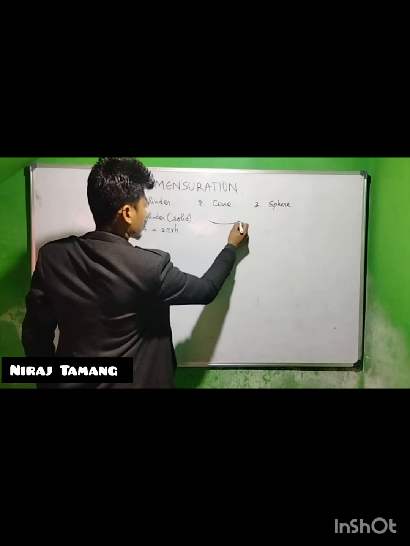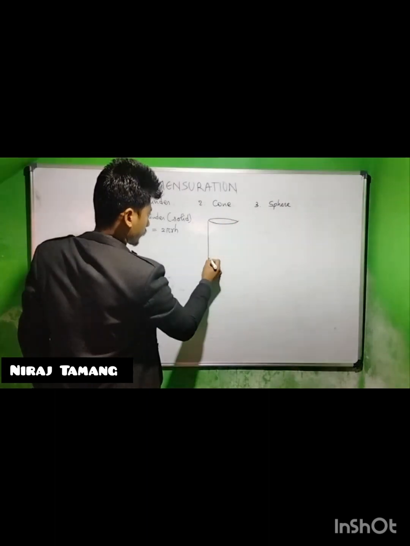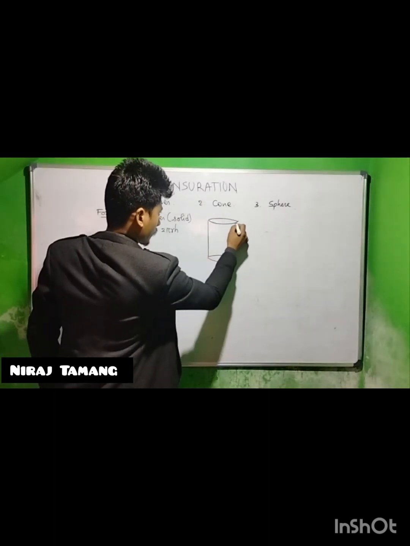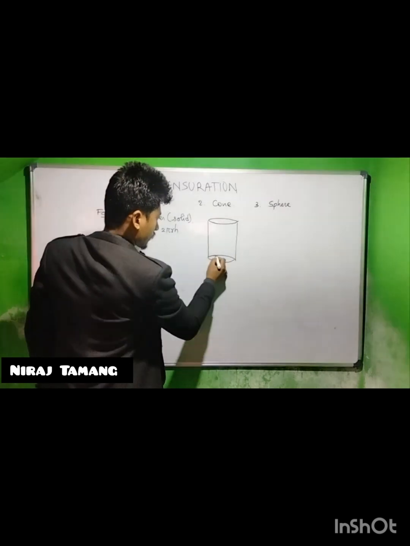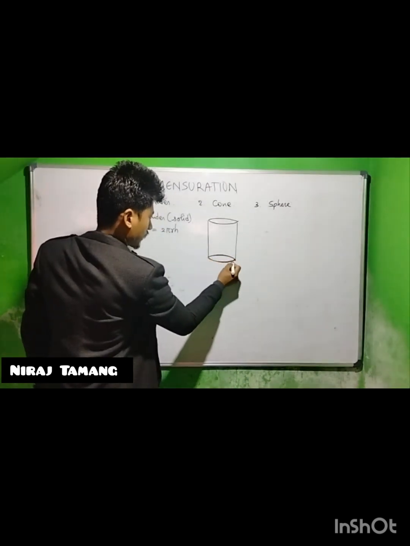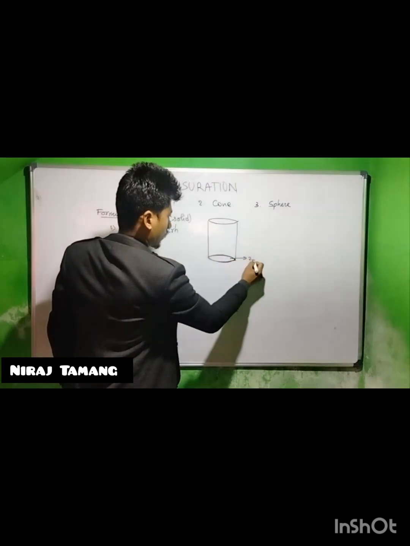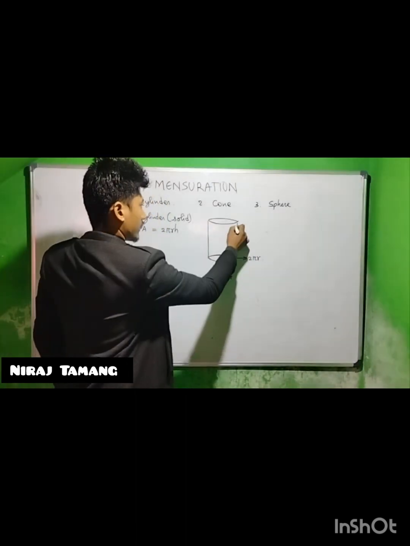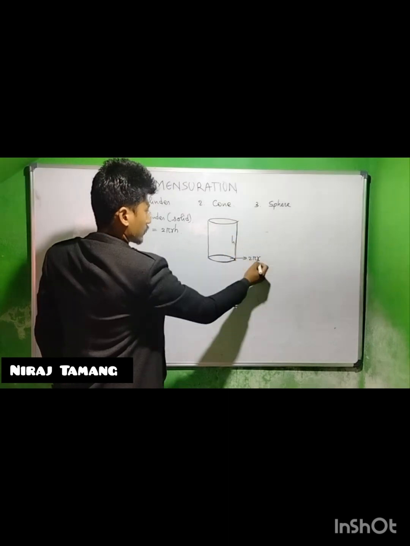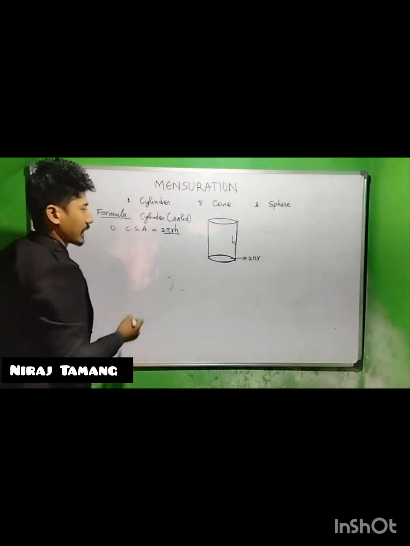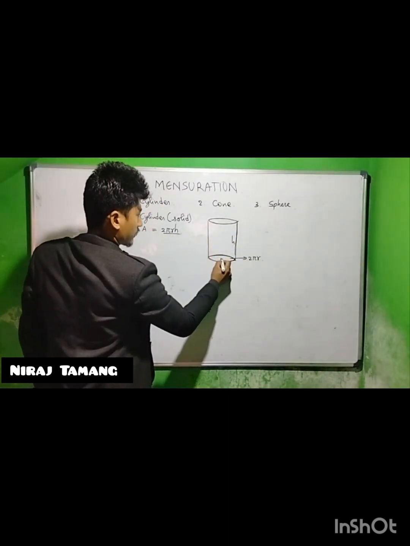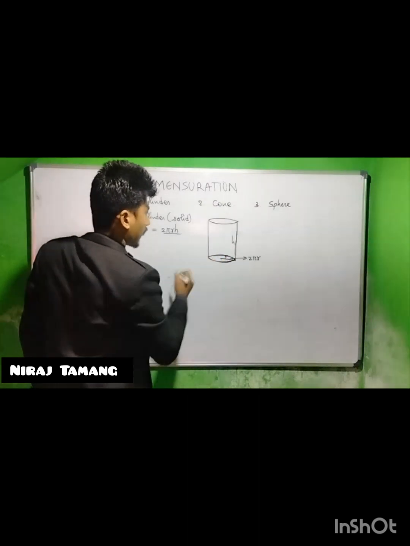Let us draw a cylinder here. The circumference of the cylinder is in the shape of a circle. That's why its circumference becomes 2 pi r, and its height is h, so its formula becomes 2 pi r h. Let us take its radius as small letter r.